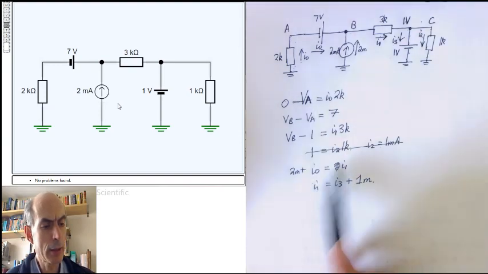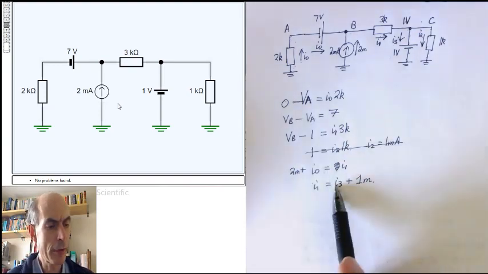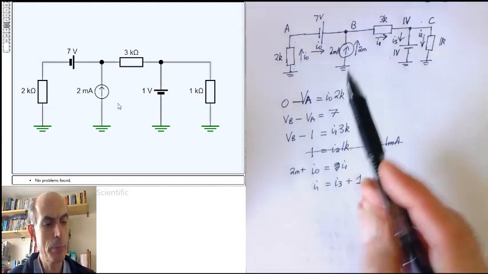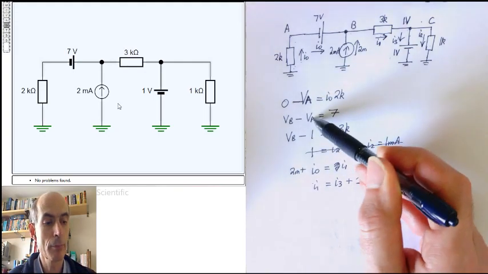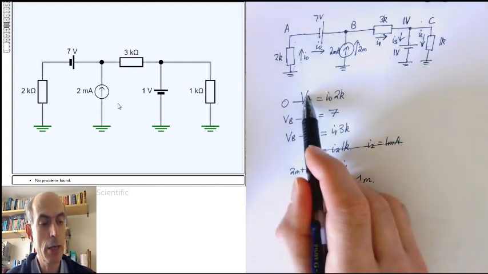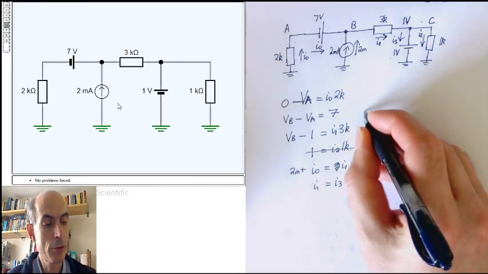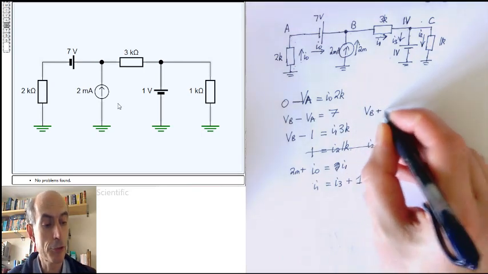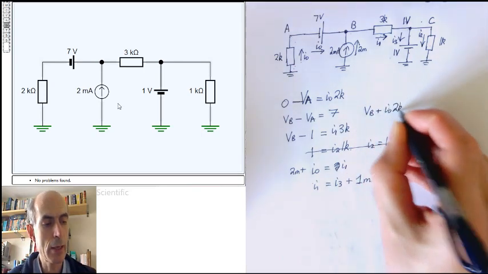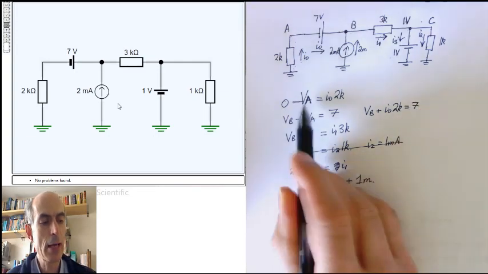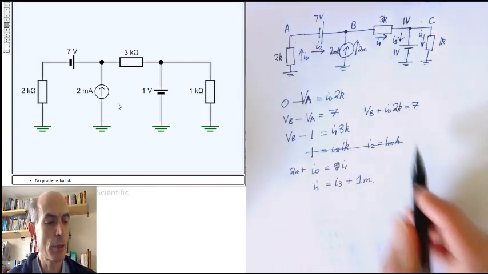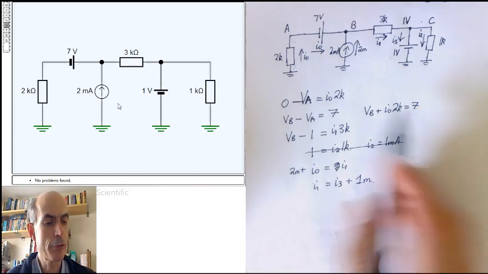Looking at where I can get rid of some of these other variables, VA only appears in these two equations. So I could substitute in from here into here and get that VB plus I0 times 2K is 7, because VA is minus I0 times 2K. And that gets rid of VA.